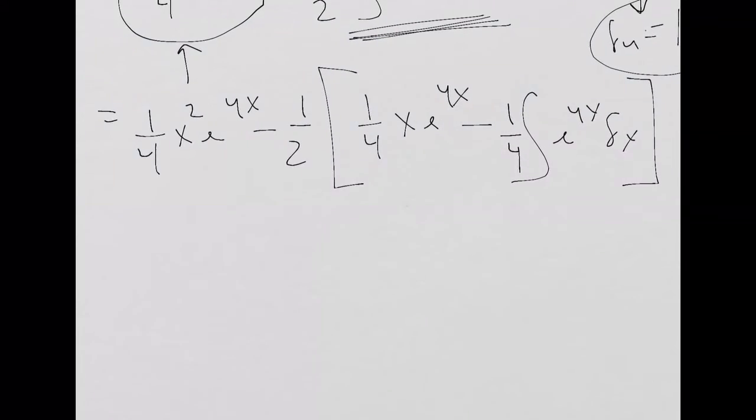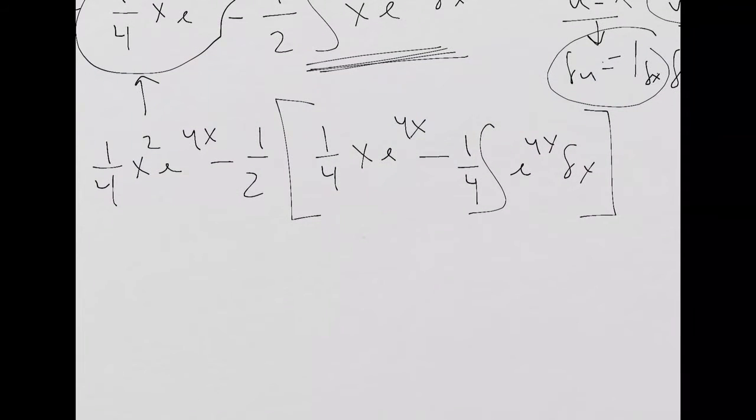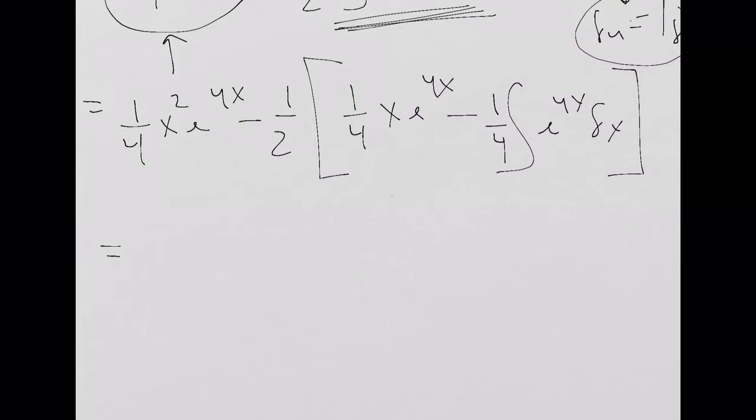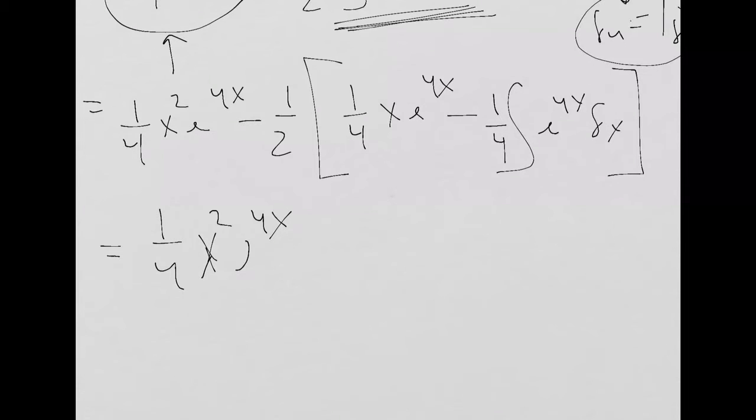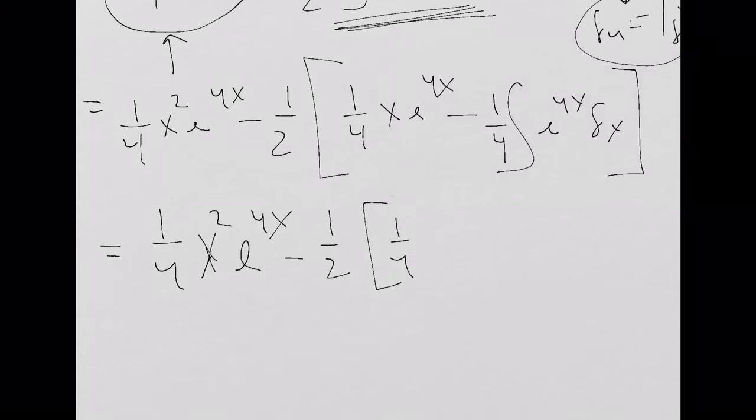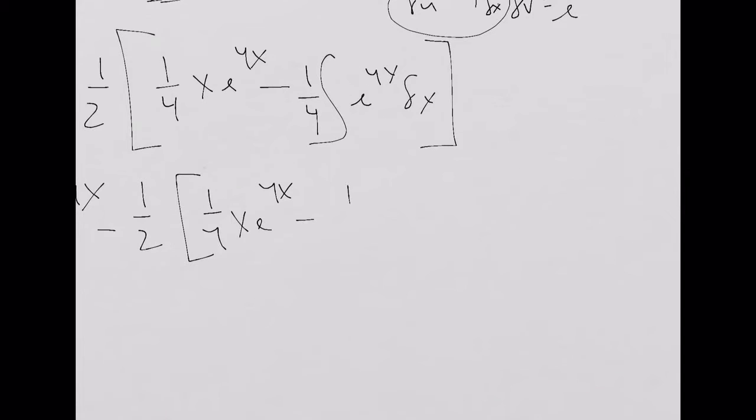So again, these are still equivalent. I still have an integral symbol though. But now I know what the integral of e to the 4x is. I can go ahead and integrate that. So I have 1/4 x squared e to the 4x minus 1/2 times 1/4 x e to the 4x minus the integral of e to the 4x dx, which would be that 1/4 e to the 4x.